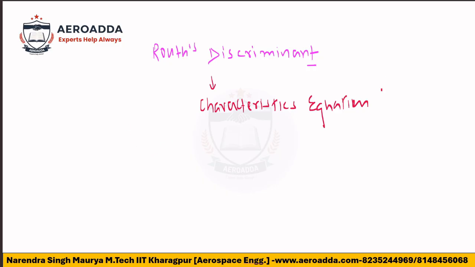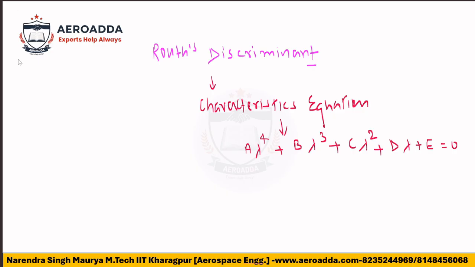Here it is given, the characteristic equation for the stability characteristic. Check. Think about it: A lambda to the power 4 plus B lambda to the power 3 plus C lambda squared plus D lambda.